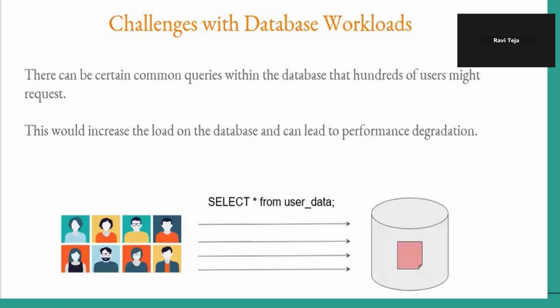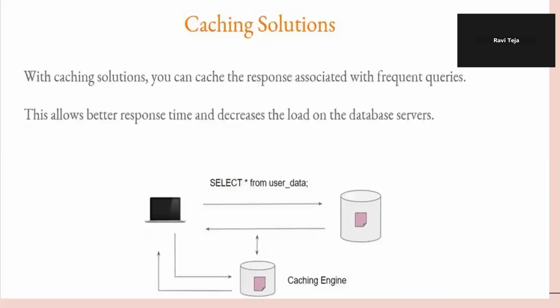To reduce this issue, there is a cache solution. With caching solutions, you can cache responses associated with frequent queries. Suppose a person tries to store or retrieve some data, and a request is given to the database. Again, the same request comes.